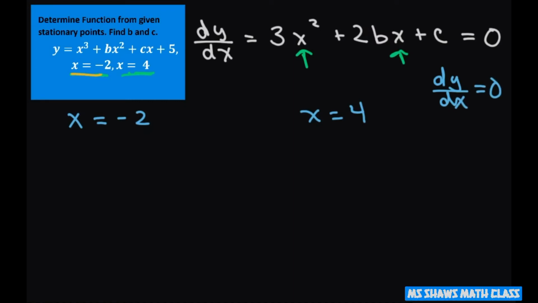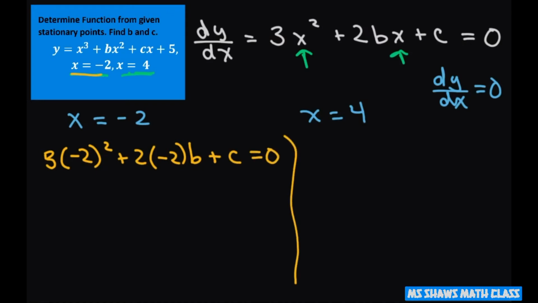So first let's do the -2. That's going to give me 3 times -2 squared plus 2 times -2b plus c equals 0. And then for this one, we're going to write this as 3 times 4 squared plus 2b times 4 plus c equals 0.